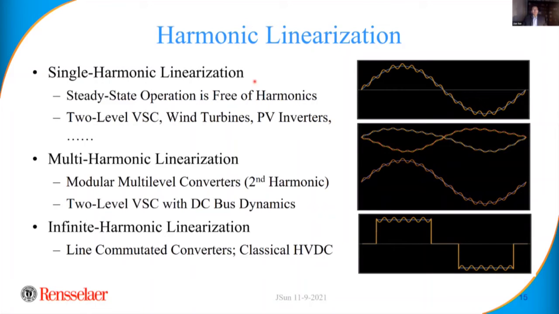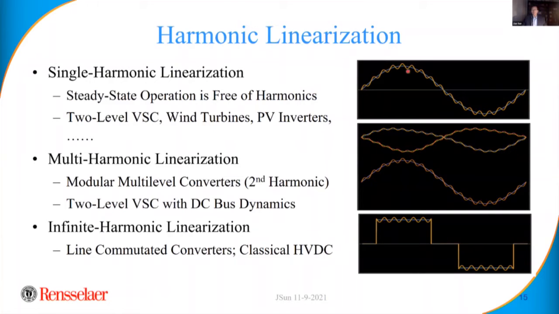When we apply this general principle, harmonic linearization, to different converters, there needs to further expand the method. And this is because of the different types of converters we have to model. So for two-level voltage source converters, and the application we have for them, like most wind turbines, PV inverters, right?